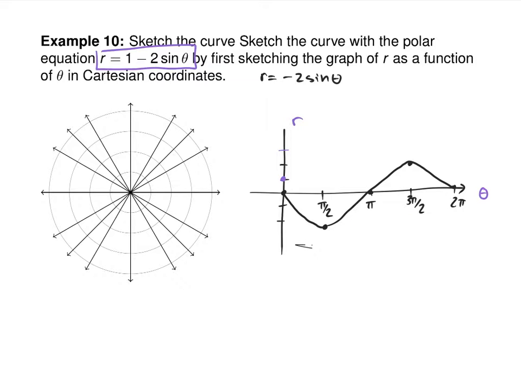So at an angle of 0, we're at 1. Pi halves, we're at -1. Pi, we're at 1 as well. 3 pi halves, we're at 3. 2 pi, we're up at 1. Yep, move each point up by 1.